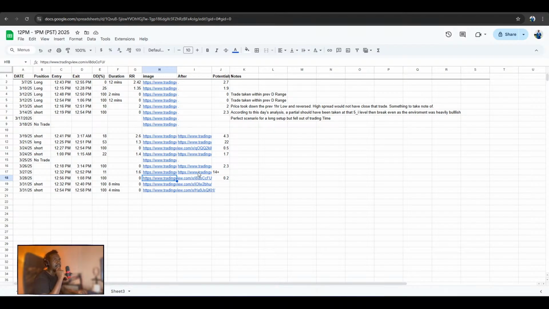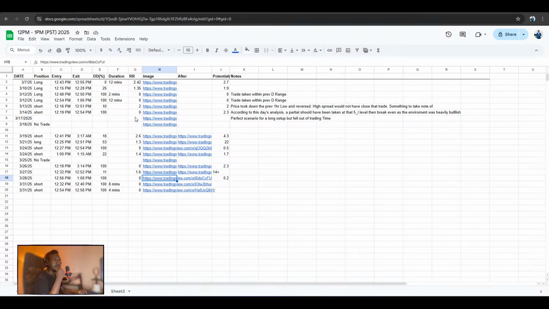So far this is March. 2 3 4 5 6 7, 8 wins and 1 2 3, so 1 2 3 4 5 6 7 8 losses. So 50% win rate, and I think the RR was 3%, right?